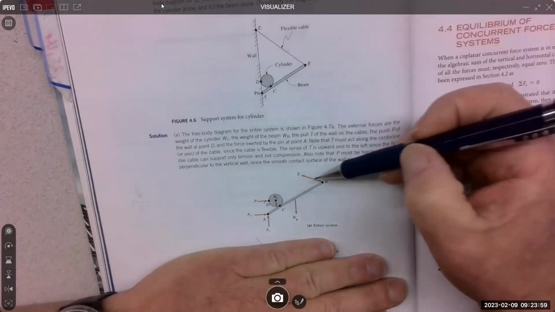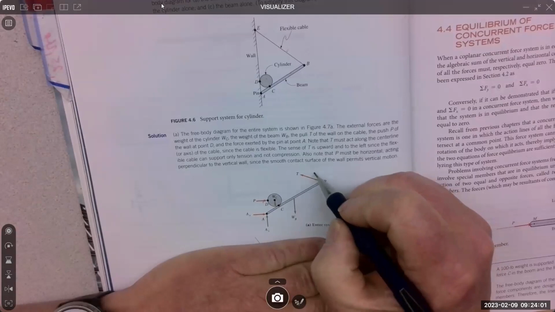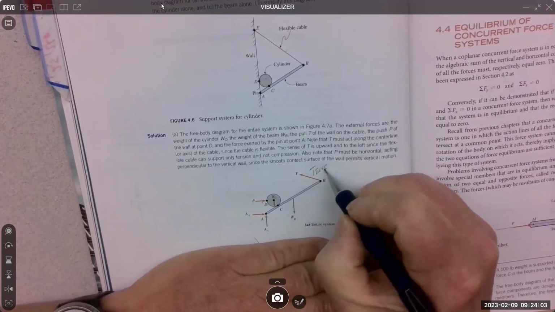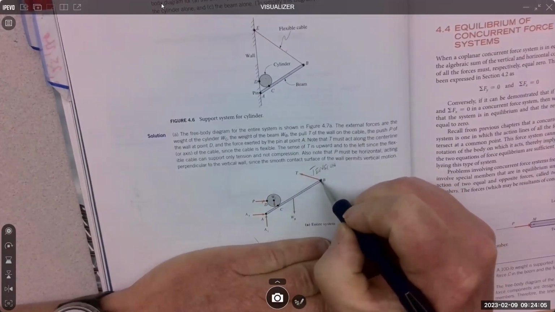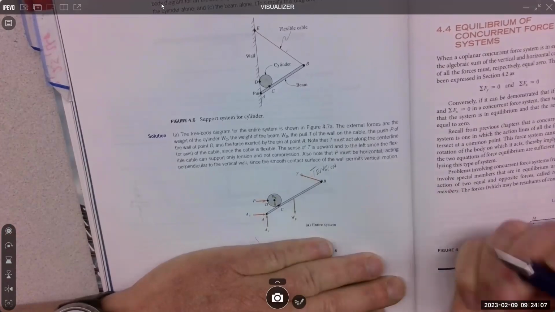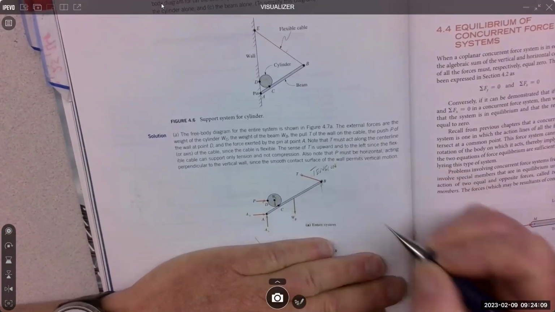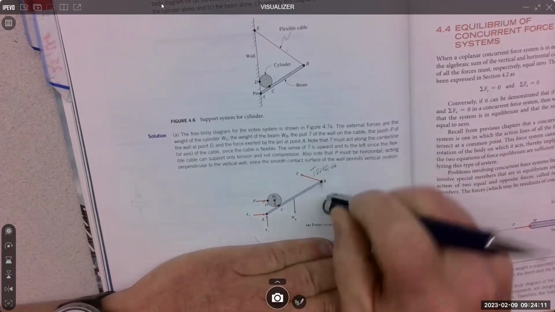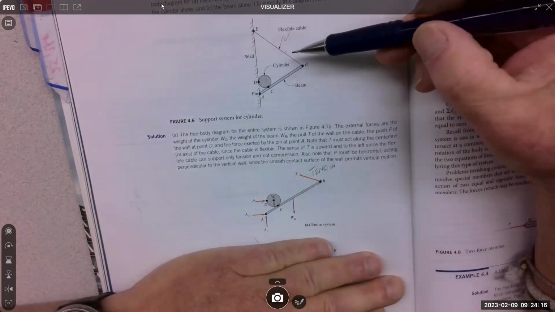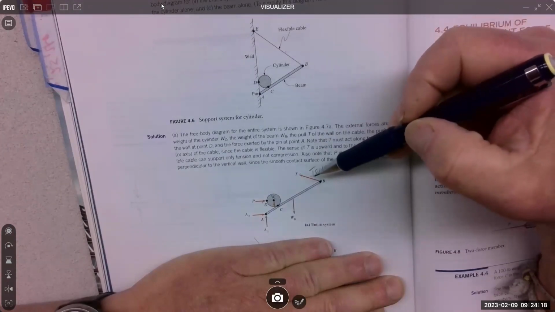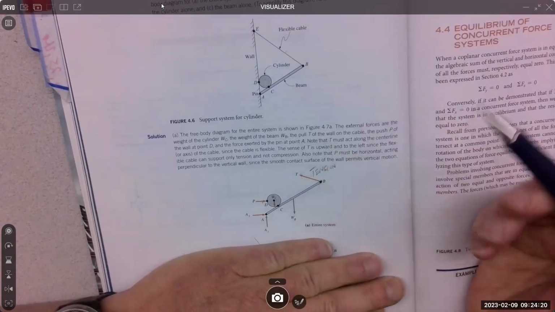They took the cable off, a cable gets one, and a cable is always in tension, which means it points away from the point. Compression would be if it pointed into the point, but we don't have that either, okay? So we always draw cables and ropes in tension. I'll explain that later.